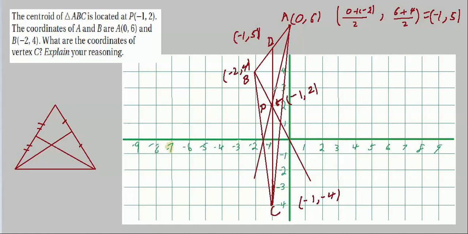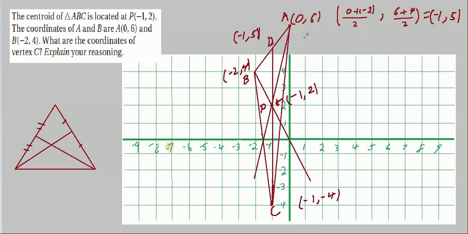And these two weren't really that important. But from the information given, we know that these two would have to intersect here, because that's the definition of the centroid. And that was the important thing to remember. The definition of the centroid is the point where all the medians intersect.